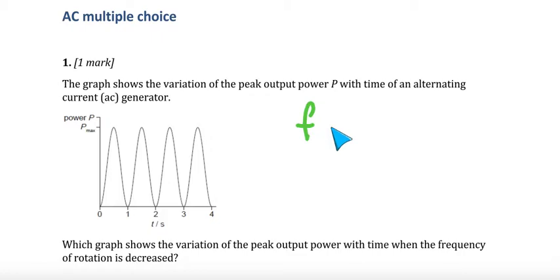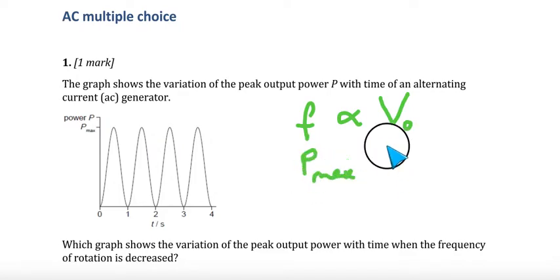We've learned that frequency is directly proportional to the output voltage. So when frequency is decreased, the output voltage decreases, which means the current also decreases, which means the maximum power will also decrease. So we expect the Pmax to decrease.